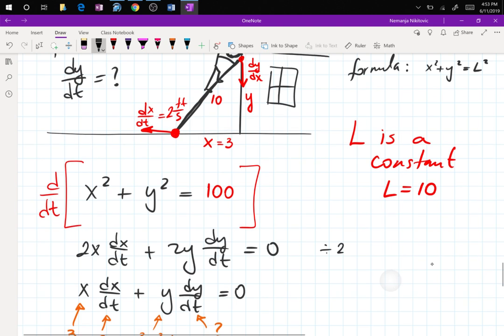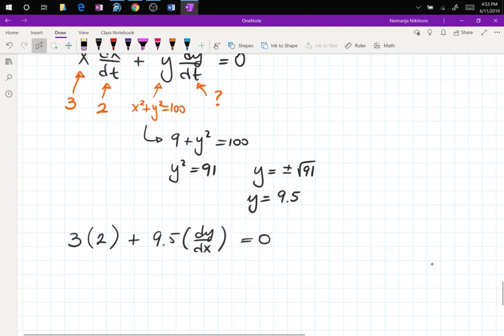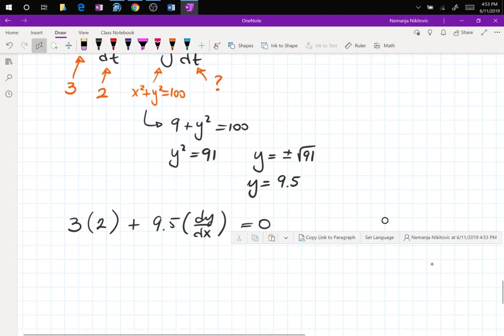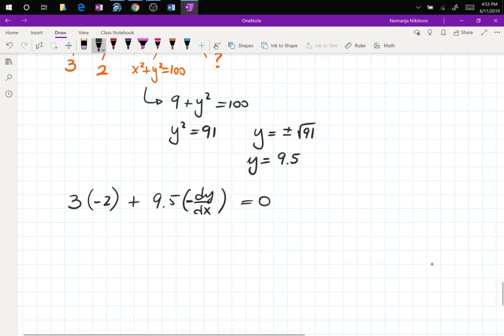You have speed to the left, so that's going to be negative. So that's negative 2 over here. Downward motion, so that's negative dy/dt.